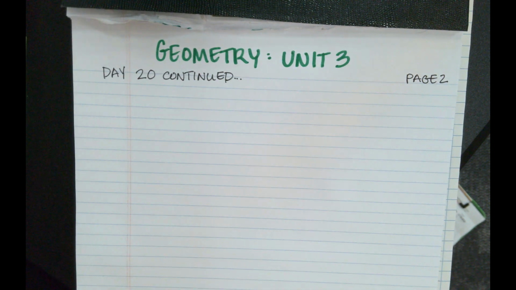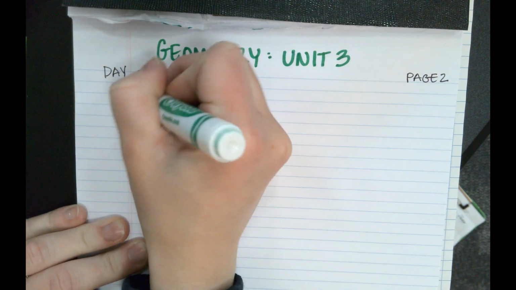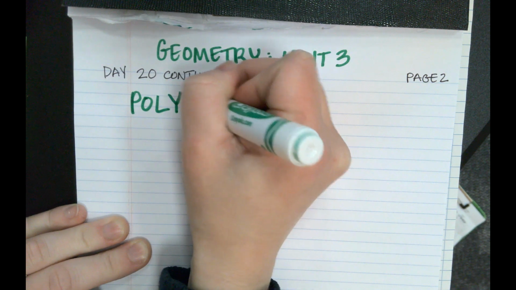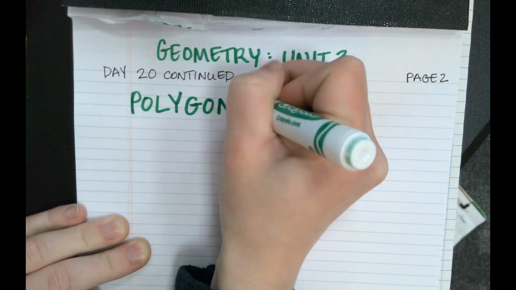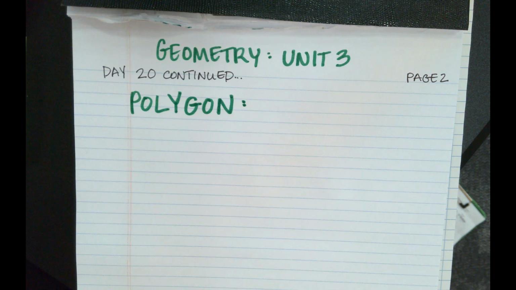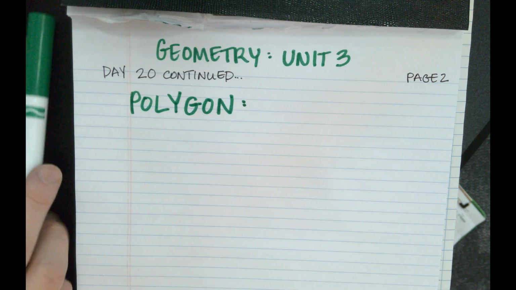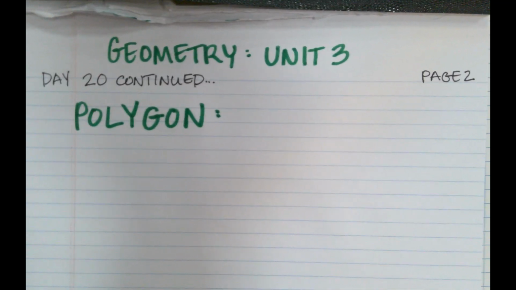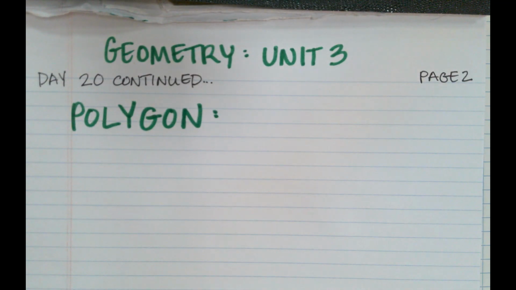Have any of you ever heard the word polygon? Does anybody know what a polygon is? Could have 5 sides. It absolutely could have 5 sides. It could have any number of sides. Absolutely. A polygon is a shape. It's a closed shape, a two-dimensional shape.